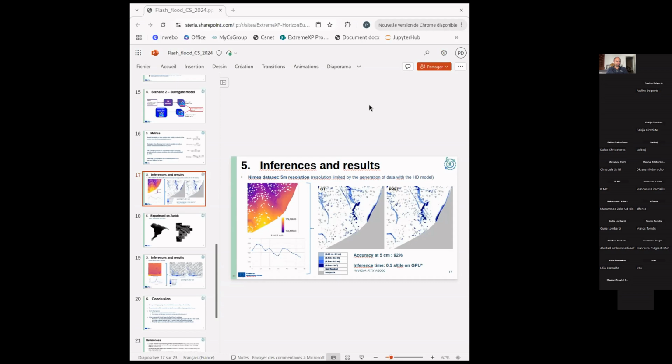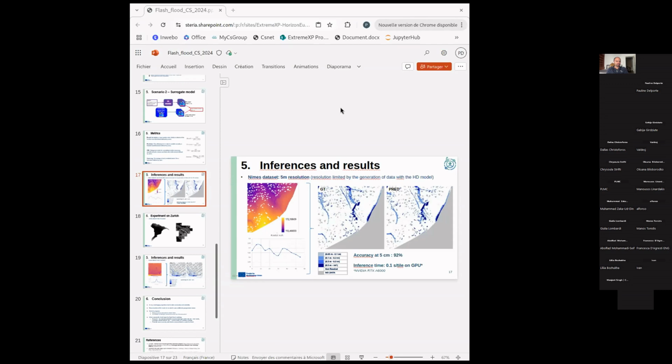Yes, I think it's safe in the way that it depends on the use. If you want to just study the different flood areas, you can use the physical model because you have time. You can take the time to have the prediction with your hydrodynamic model.